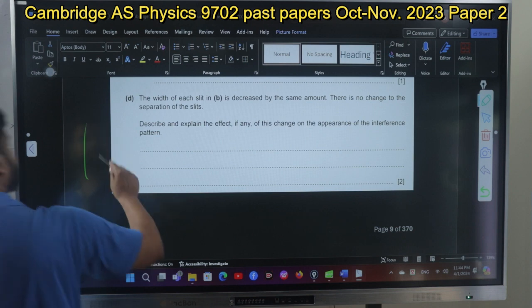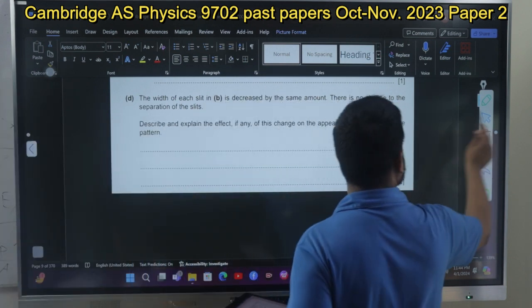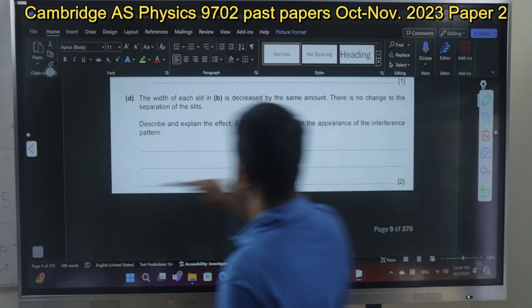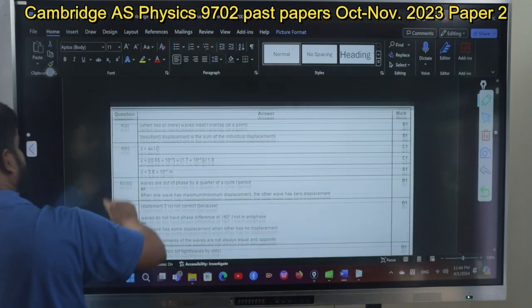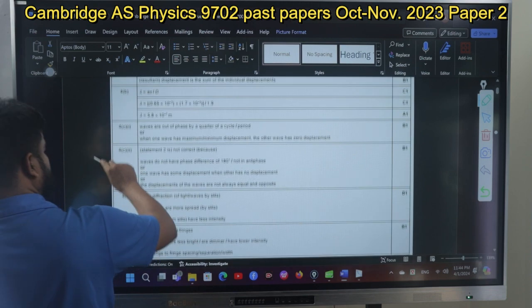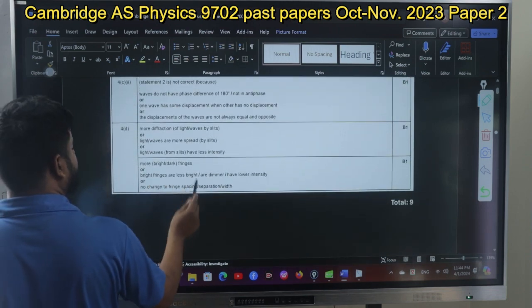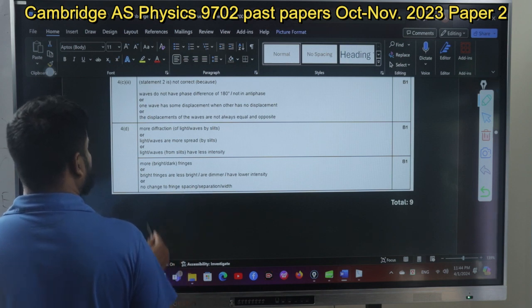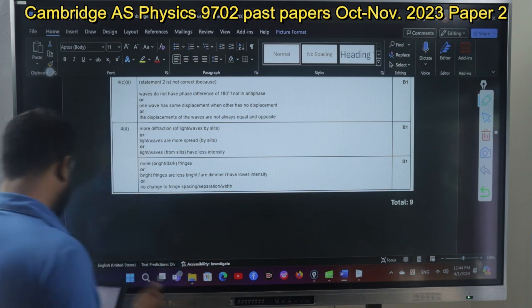Now, this is the mark scheme answer. So more bright fringes, or the bright fringes are less bright. No change in fringe spacing.